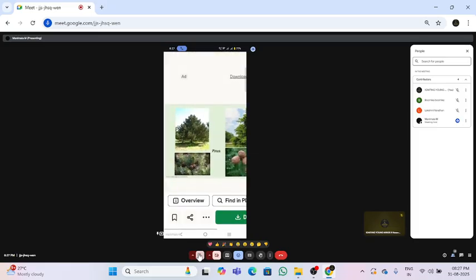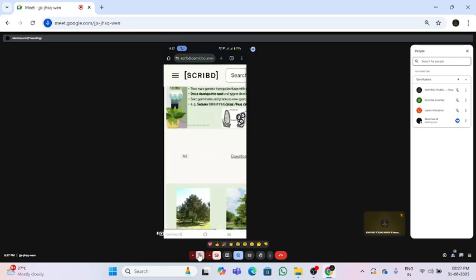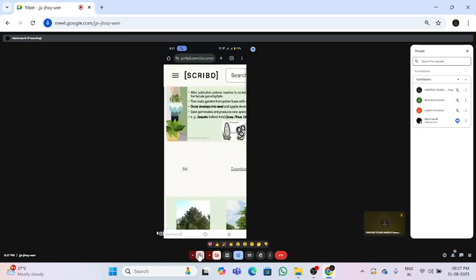Zamia is the genus, pygmaea is the species. Zamia pygmaea is the smallest gymnosperm.